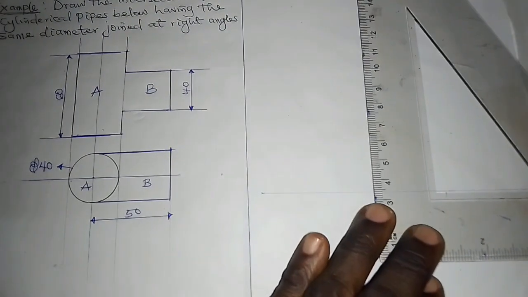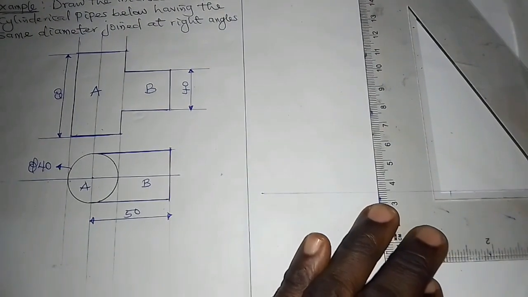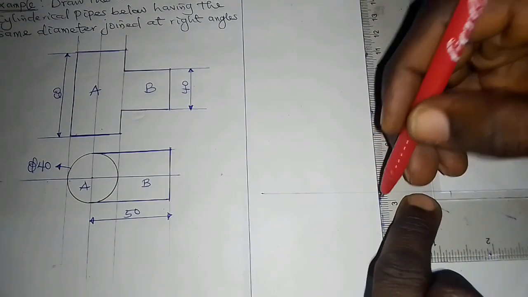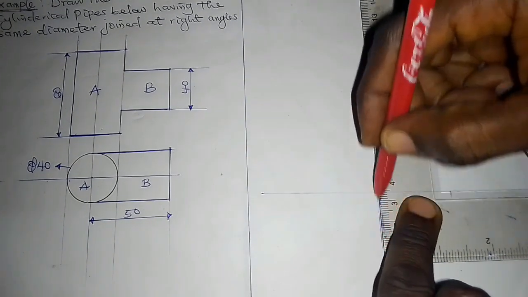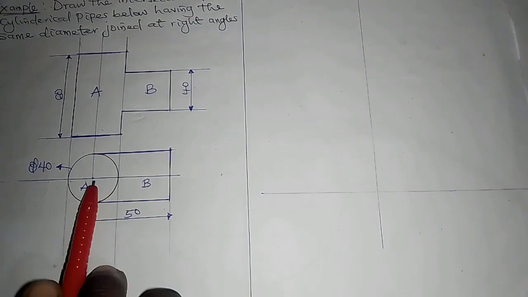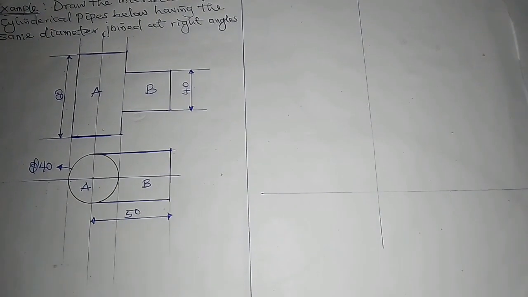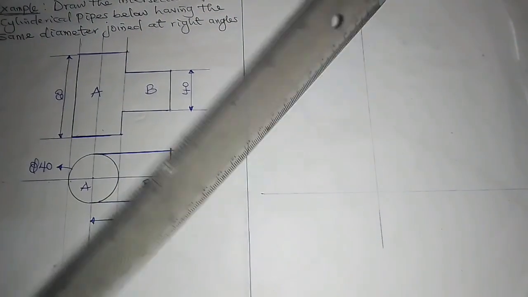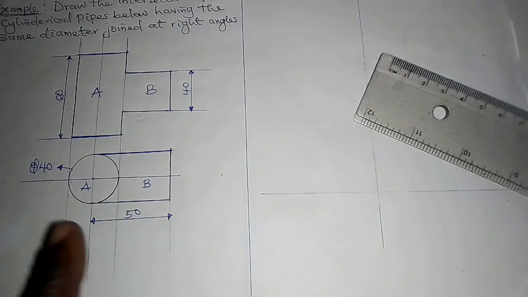At any point I'm going to produce this line up, which will serve as a center line. We are told that the diameter of this pipe is 40, so I will be measuring 40 from the ruler. So diameter is 40.